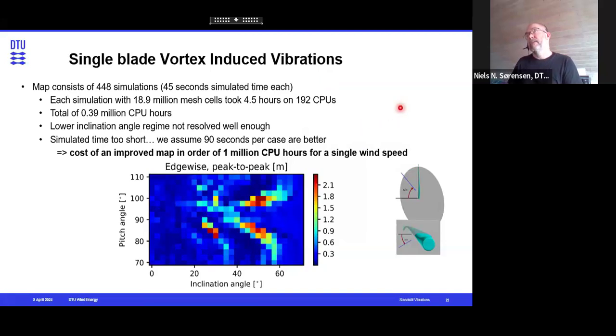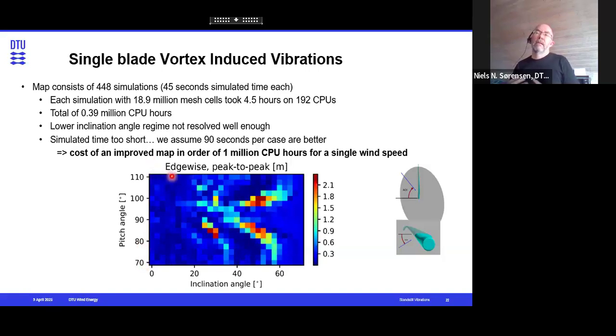One of the original works here: Sergio did a huge study mapping 448 situations, varying the inclination angle from 0 to 60 some degrees, and the pitch angle, or the angle of attack, from 70 to 110.